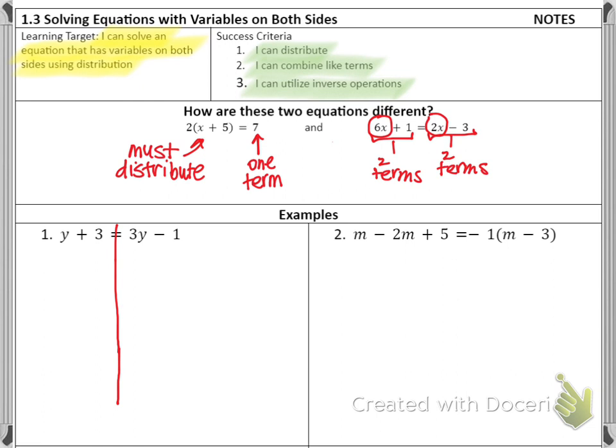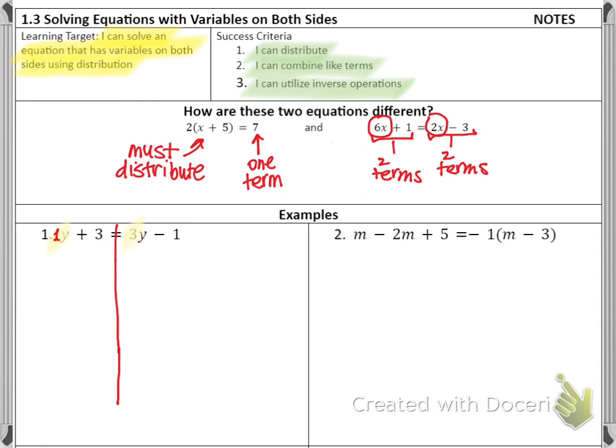Right now I'm looking at my coefficients, and I see that I have no number in front of my y here, and then on the other side I have a 3. Remember, when we have no number, that means it's a 1. So my coefficients are 1 and 3. The smallest one is 1. So I'm going to identify that variable, and I am going to apply the inverse operation so that I can combine my like terms.